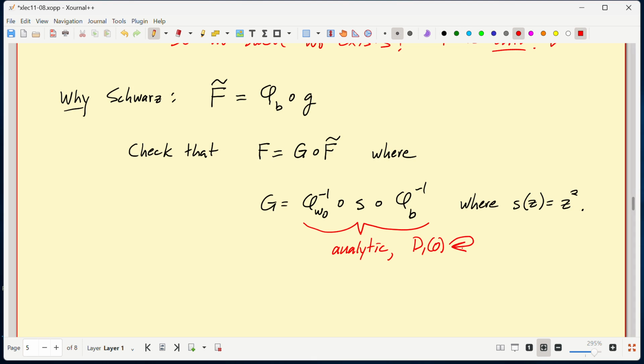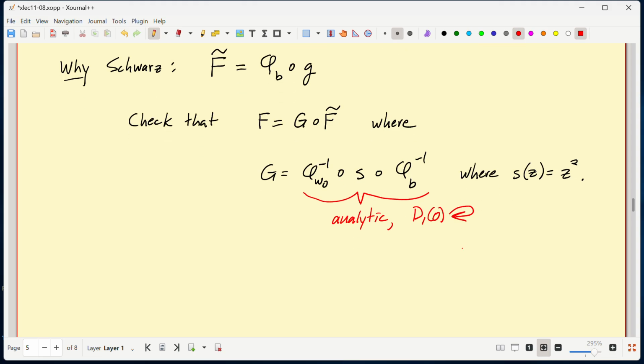And so the lemma says that G prime of 0 is less than or equal to 1. The Schwartz lemma number 3. Lemma 3, the Schwartz one, implies that G prime of 0 is less than or equal to 1.